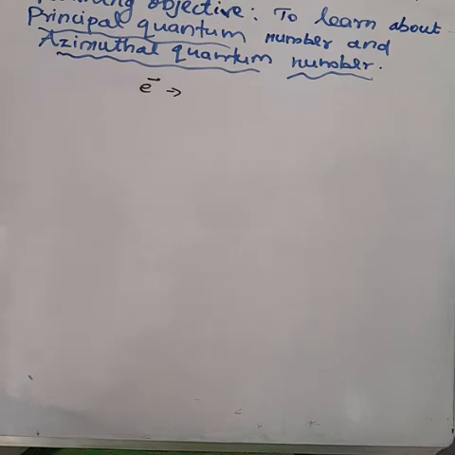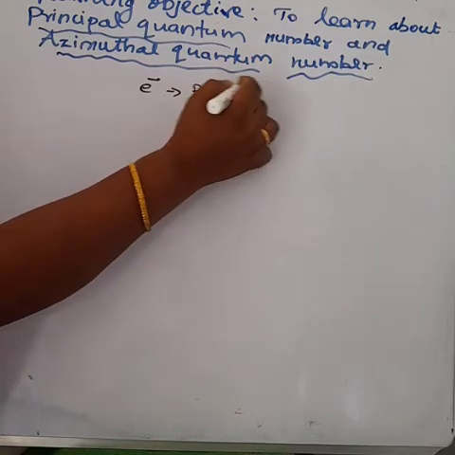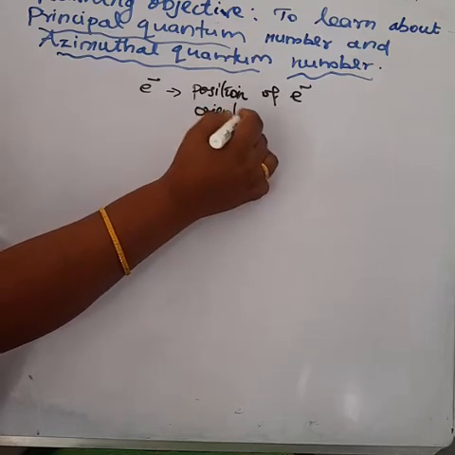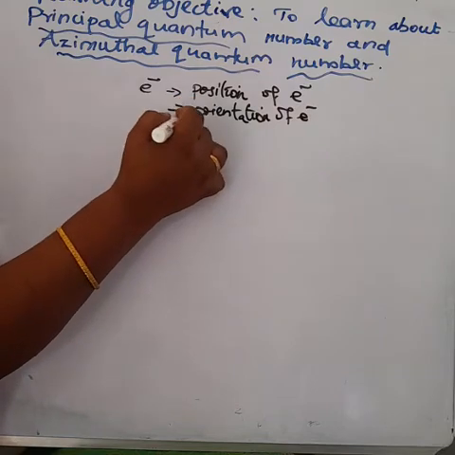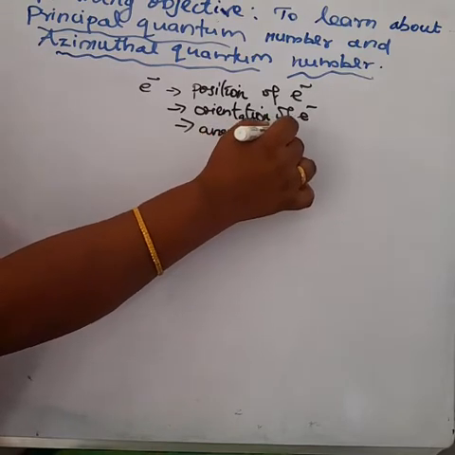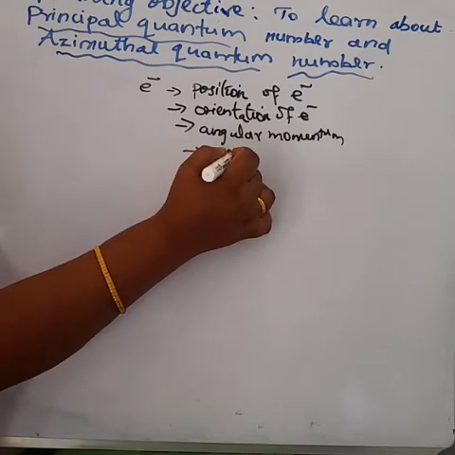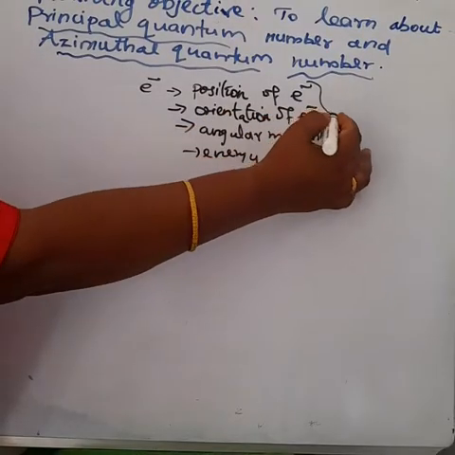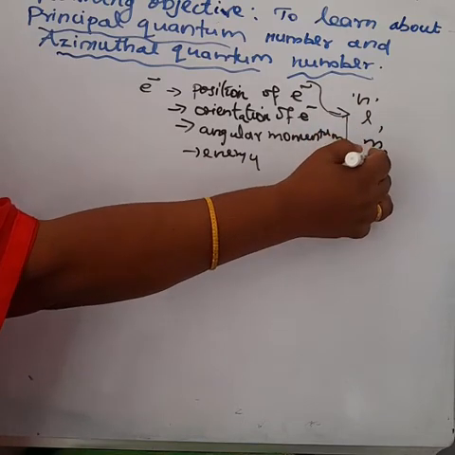It explains the position of electrons in an atom and the orientation of an electron. Orientation means direction, the direction of electrons in an orbital, and then the angular momentum and the energy of the orbitals. These characters are explained by the set of 4 quantum numbers: principal quantum number, azimuthal quantum number, magnetic quantum number and spin quantum number.